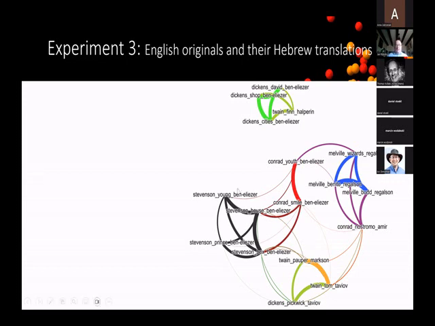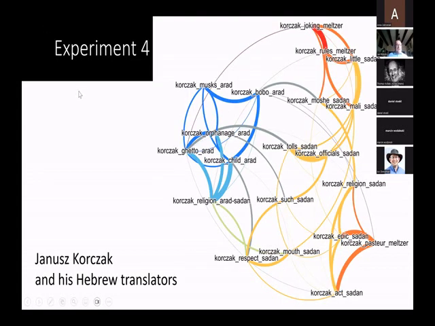Okay. I think we can move on to the next thing. And now, another case, a single writer and translations by his many Hebrew authors. Of course, the translations here are of the Polish of Janusz Korczak, probably one of the noblest persons I've ever heard of. And here we can see that his translations by Arad, these are the ones in blue, show that Arad has quite his distinct Korczak voice.